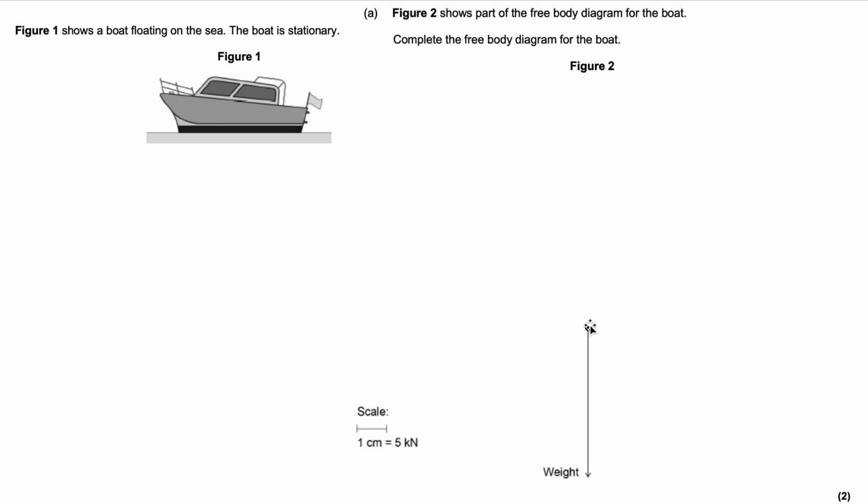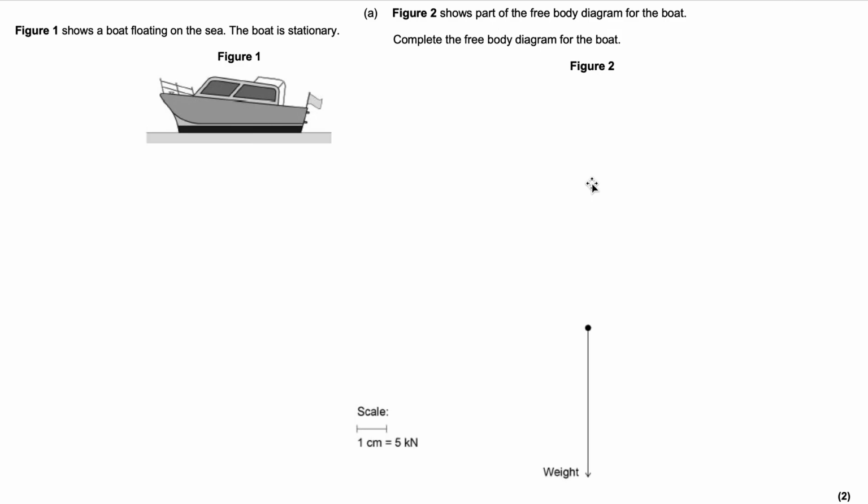So we know there's another force and it's upthrust. First thing we have to do is draw the arrow on to represent upthrust. So base of the arrow starting here and tip pointing in the direction of the upthrust force, says it in the name, up. So we want an arrow that's going vertically upwards.